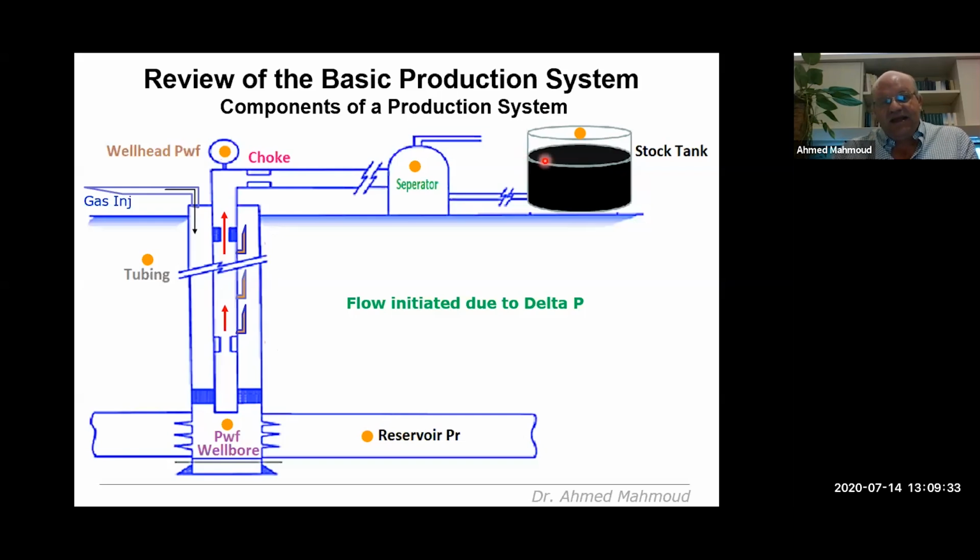The way we do this is basically we start injecting gas in the annulus, and we don't inject it randomly. This gas injected in the annulus goes into a couple of gas lift valves that are well regulated.